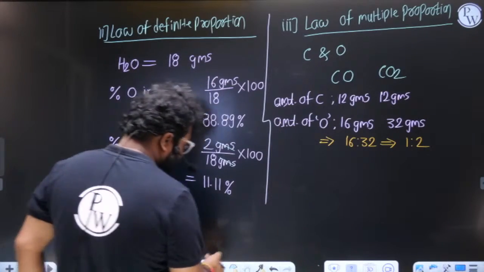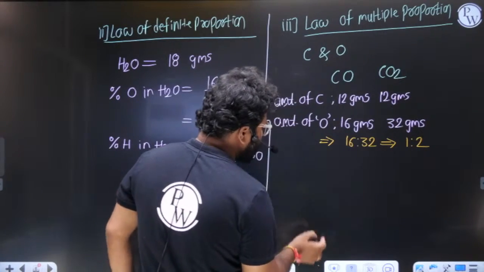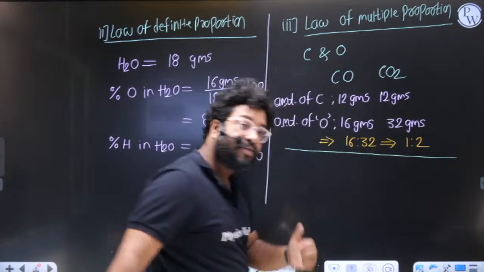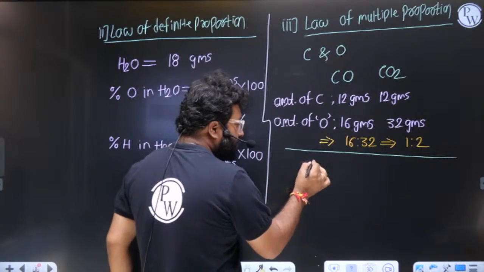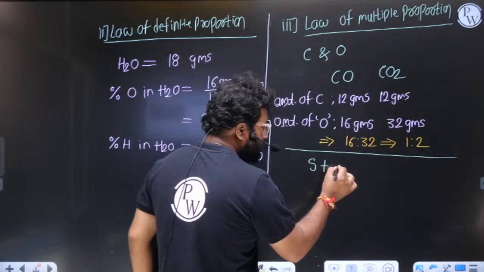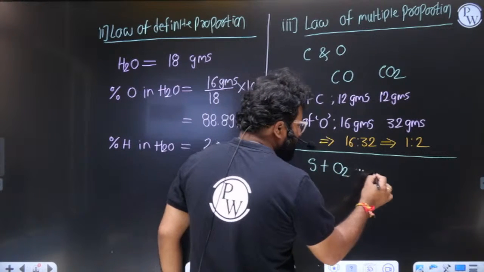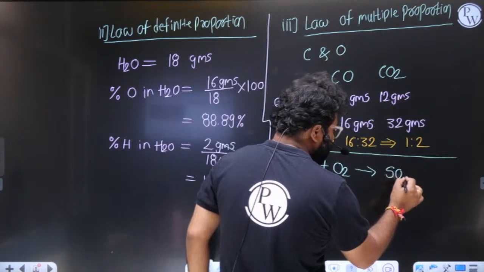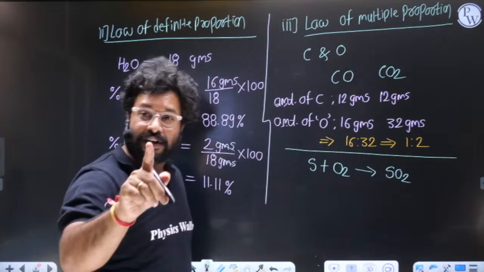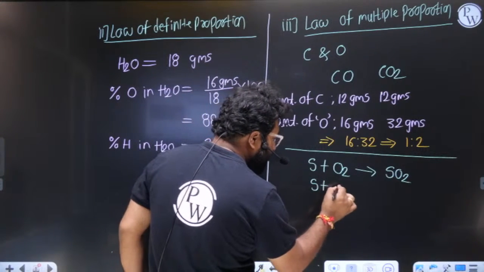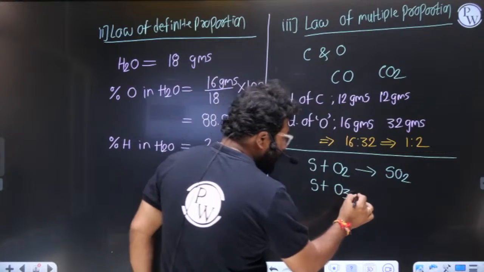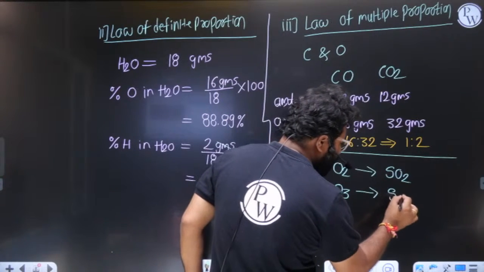Right? Let's take another illustration. Suppose you have sulfur. Sulfur combines with oxygen to get you SO2, and the same amount of sulfur also reacts with oxygen to get you SO3.